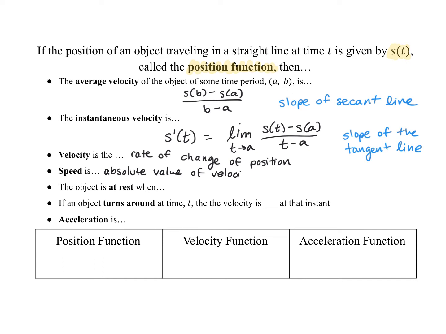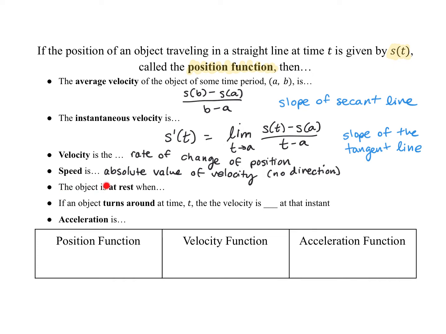So velocity actually has a direction. You could have a positive velocity or a negative velocity. But if you want no direction, then we would call that speed. So speed is simply velocity without direction, so the absolute value of velocity.